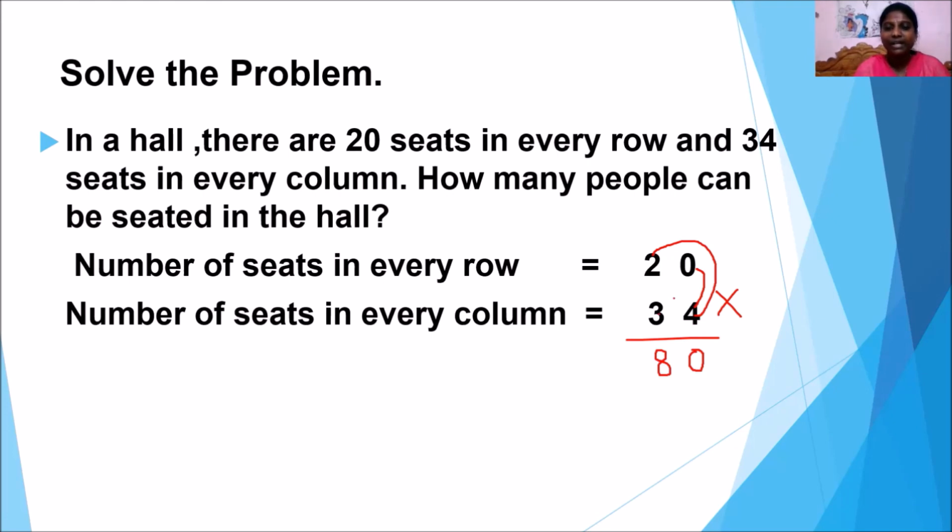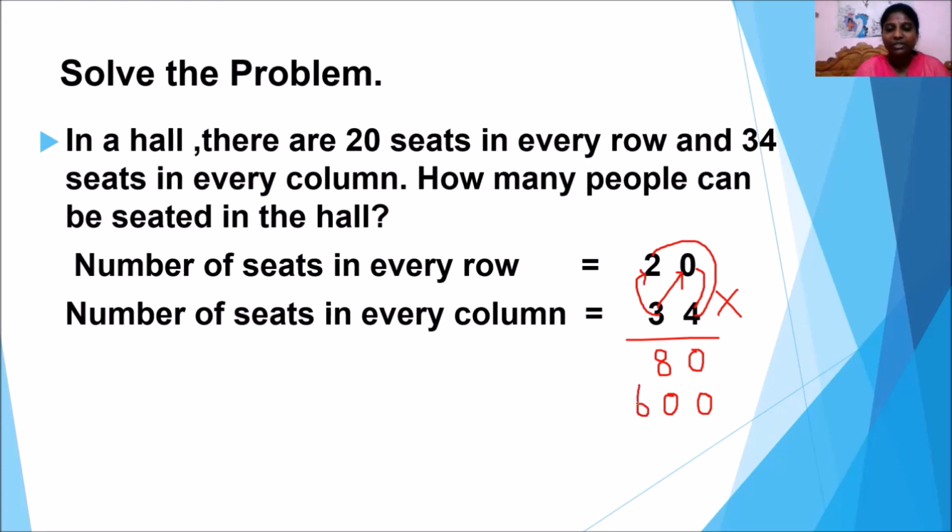Next, we are going to multiply the tens place digit. So, you have to write 0 in the ones place. Then start multiplying the tens place digit. 3 multiplied by 0. 3 into 0 is 0. Next, you have to multiply the tens place digit with the tens place. That means 3 twos are 6.